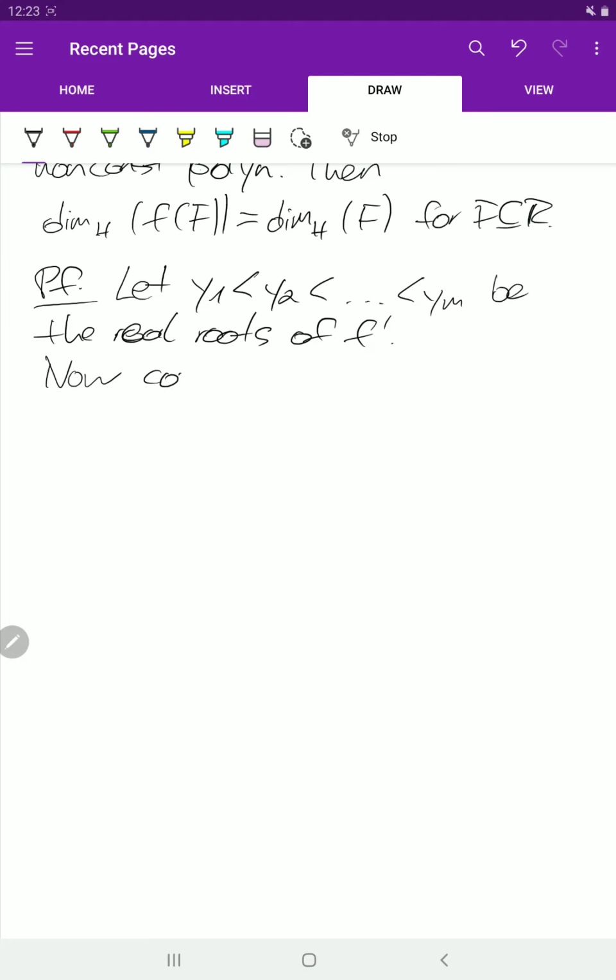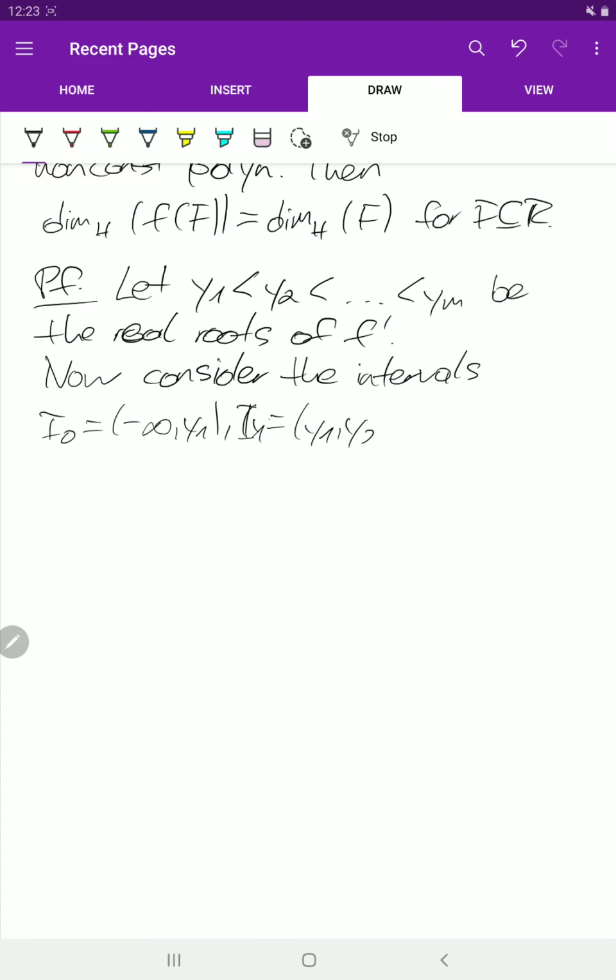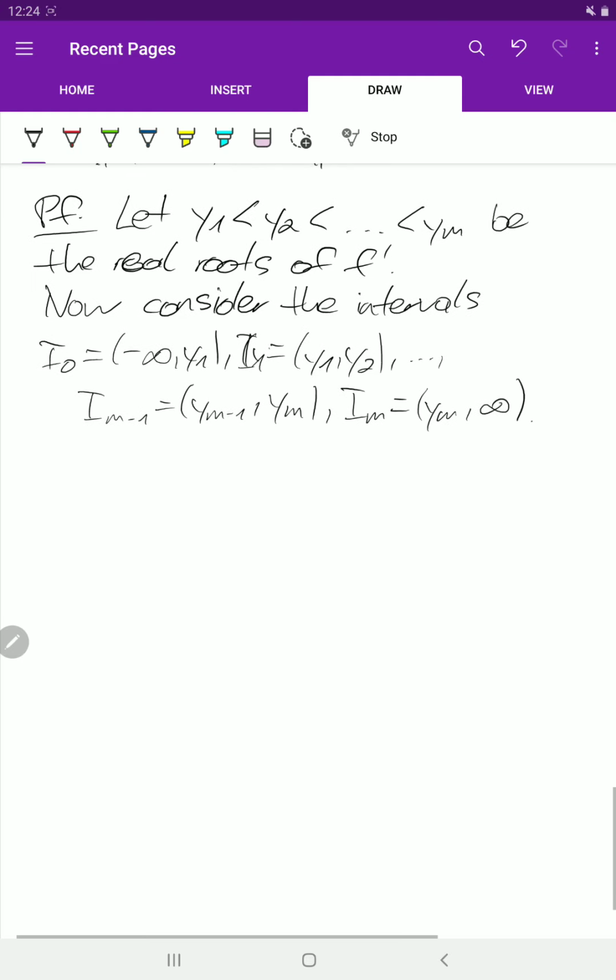So next we consider the intervals which we get by, let's call them I0 and I1, which is from y1 to y2 and so on, and then we get I_{m-1}, which is just from y_{m-1} to y_m, and finally I_m, which is just this thing here.